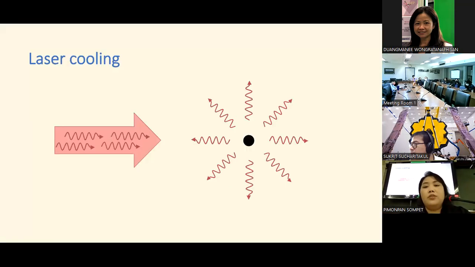What we do is shine light onto the atom. You can see from the big red arrow that the light consists of many photons, shining in the right direction on the screen. The atom sees the light, absorbs it and emits. The light it absorbs comes from one direction, but the emission is random, so it can emit a photon in any direction.